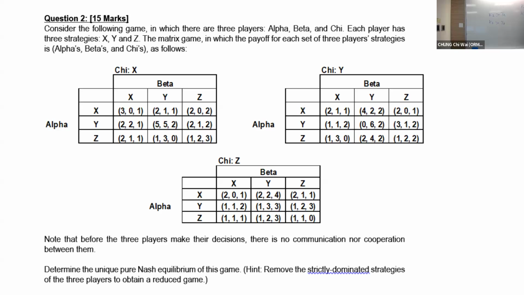If you can follow the two things. Okay, first, check the best result of alpha. Beta and pi: beta can choose X, Y, Z, and pi can choose X, Y, Z, for each. Then check alpha.